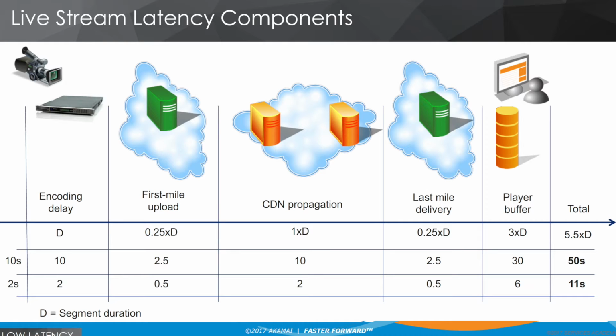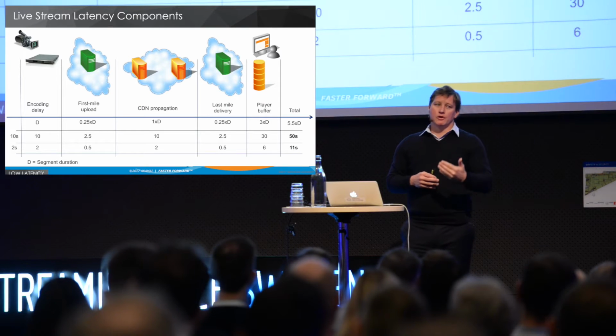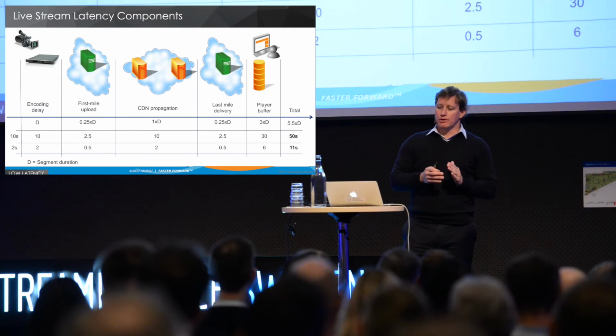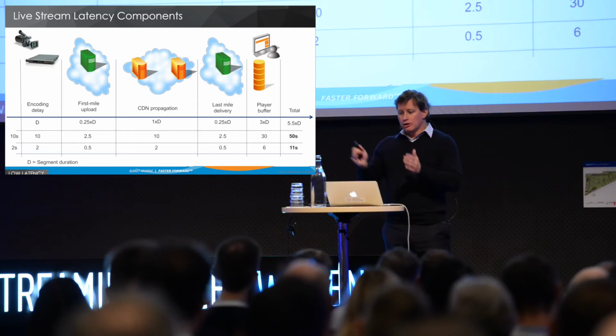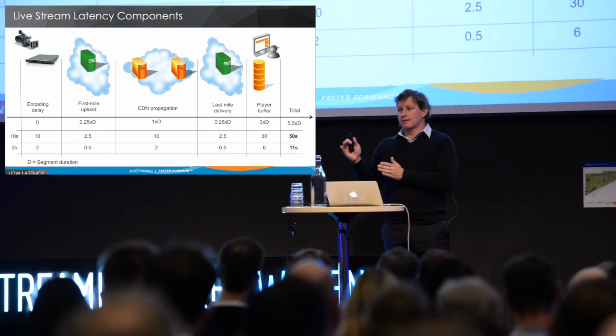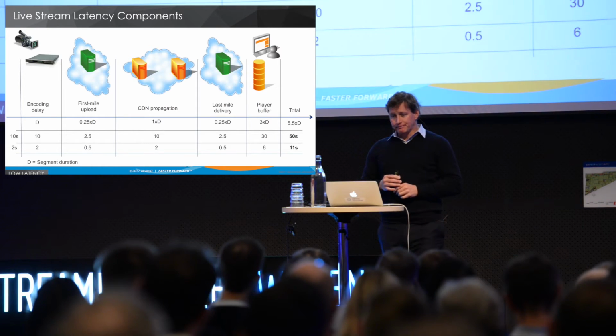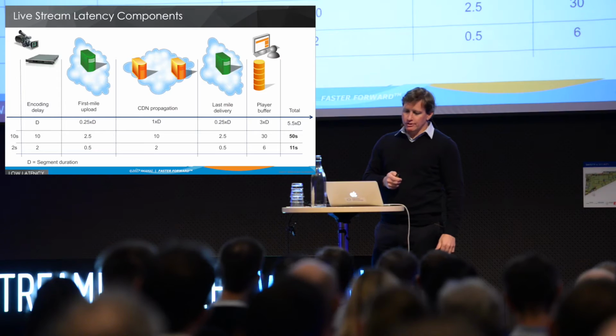Now, you can argue, well, is my visual quality the same with a 2-second GOP versus 10 seconds or 5-second GOPs? It will be slightly reduced, but there are a lot of broadcasters now who are looking at 2-second segments as the sweet spot of visual quality versus latency as a trade-off. So without changing anything, you can be in the 12 to 14-second range of glass-to-glass latency by simply reducing your segment duration to 2 seconds.